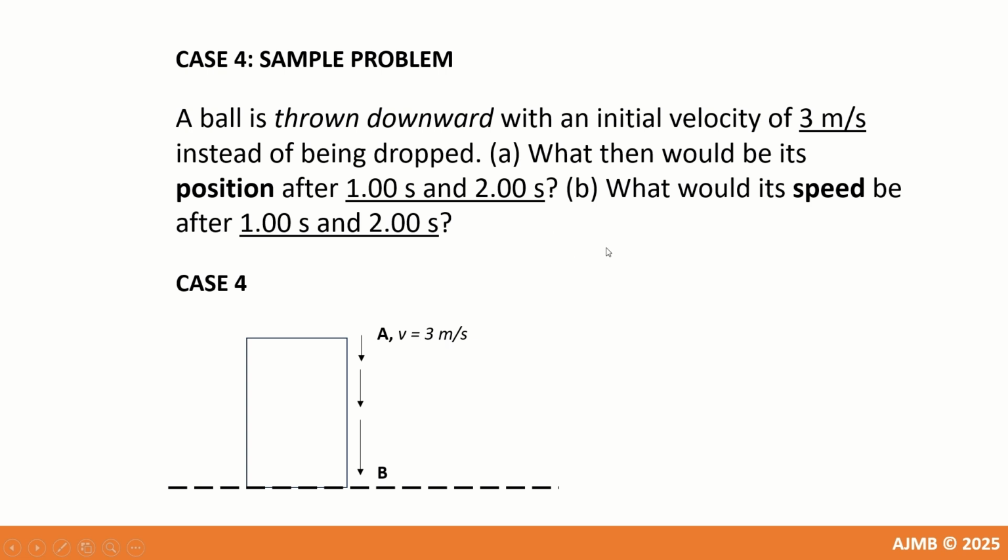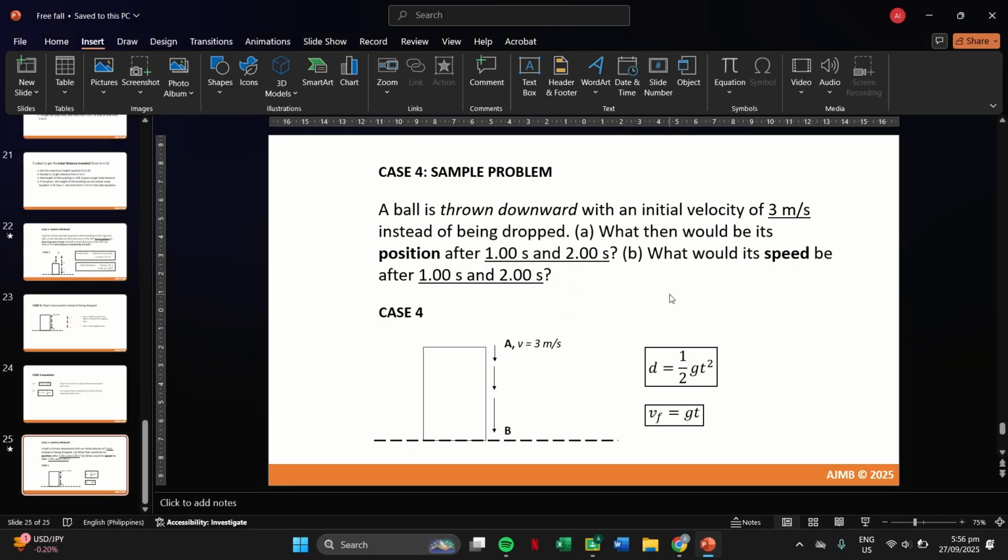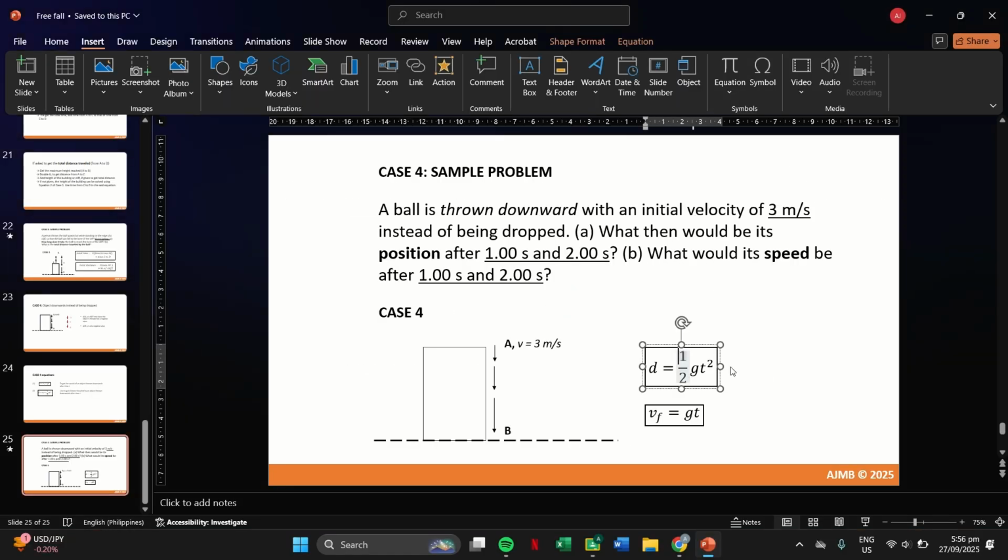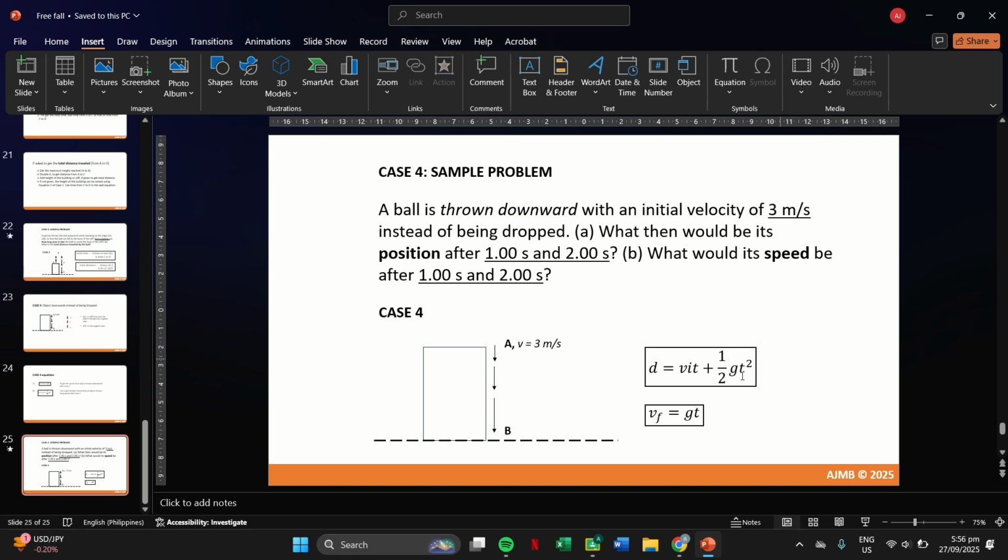For letter A, you're asked for position or distance. You might be confused here, but you should be using VI times T plus 1/2 GT squared.